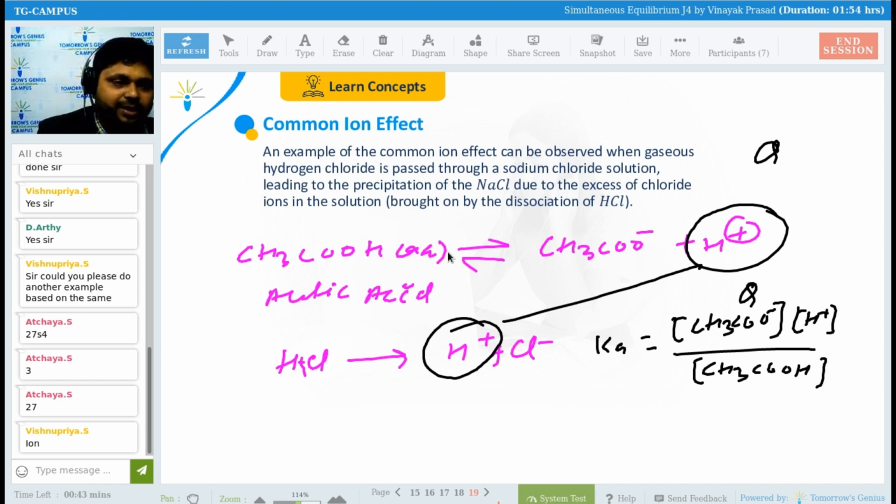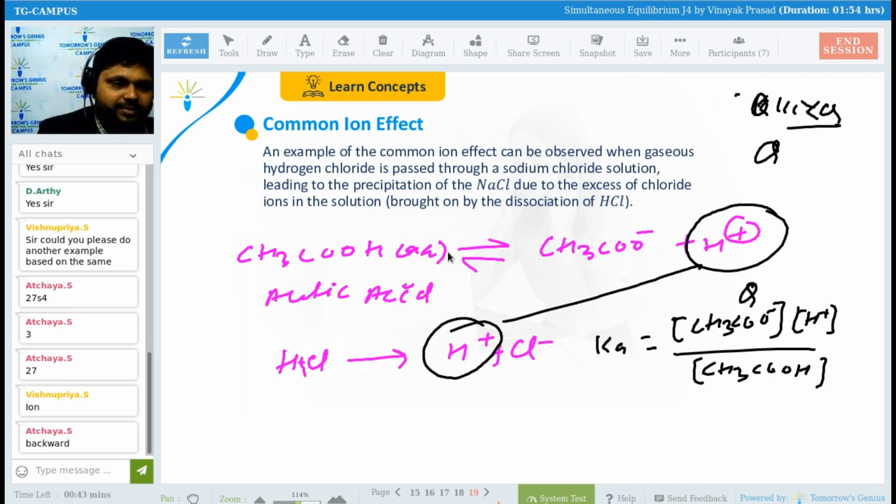I have given you the formula: if Q is greater than Kc, then the reaction will shift towards the backward side. Is it okay? Fine, everyone.